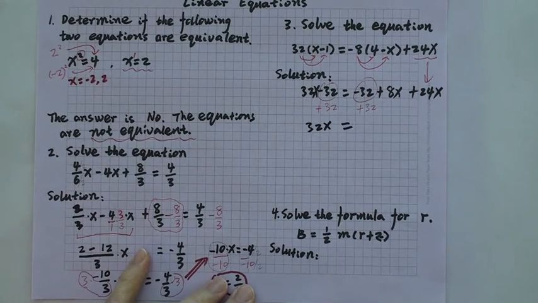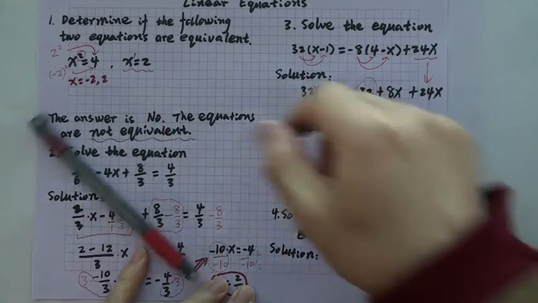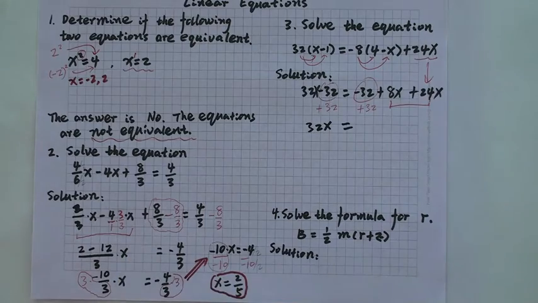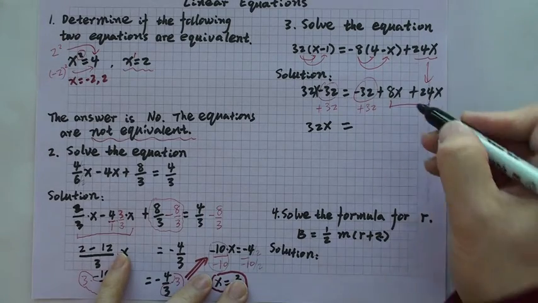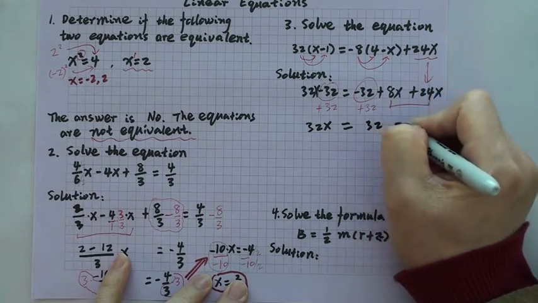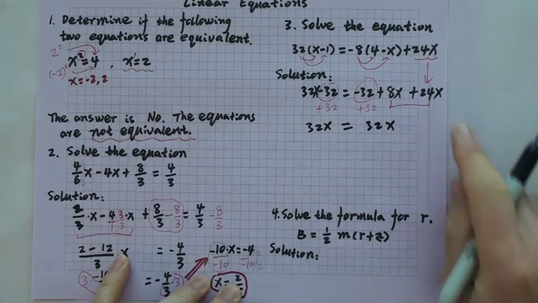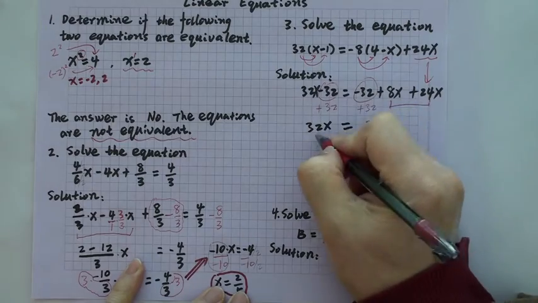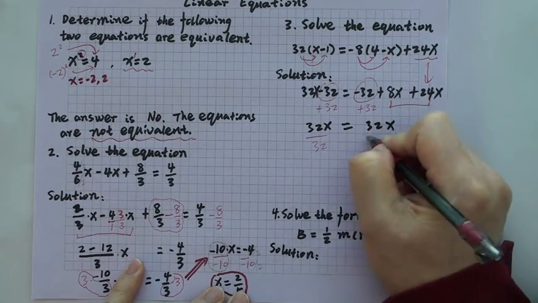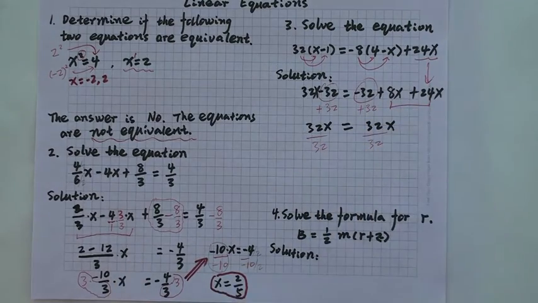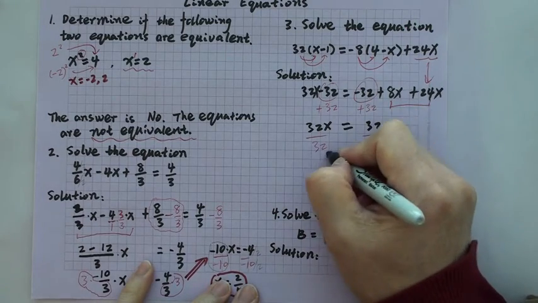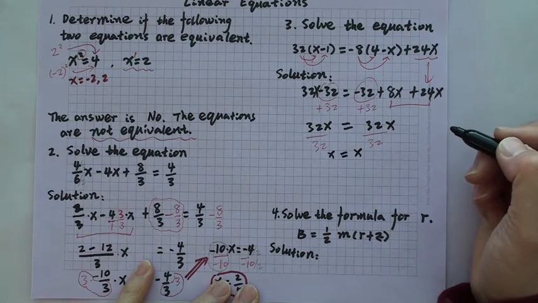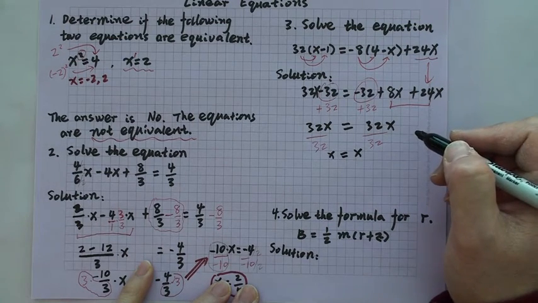And then you want to put those two together: 8 plus 24 is 32, and then x. Both sides divided by 32, then you have x equals x. Everyone knows x equals x.